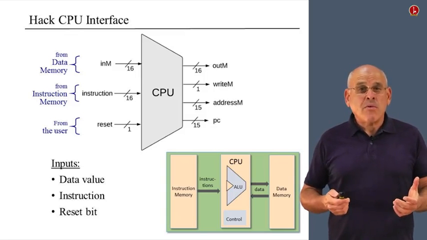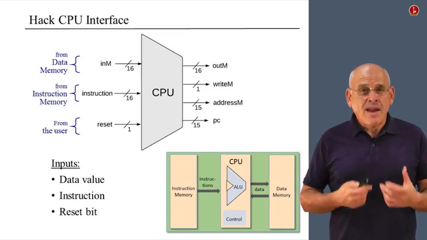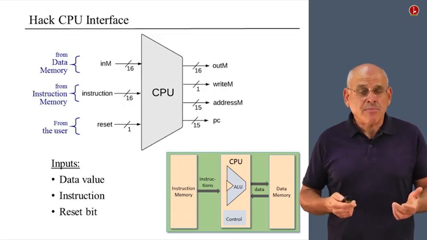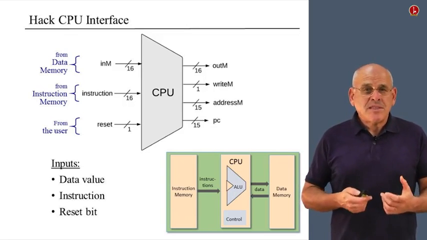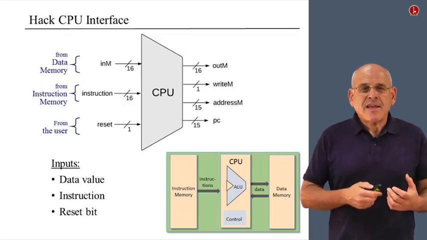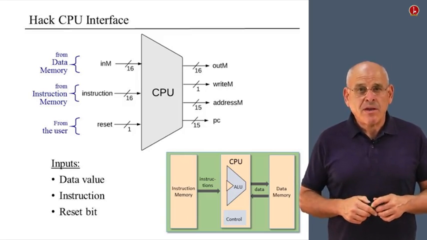Now, what exactly do we want the CPU to do? Well, the next input, which we decided to call instruction, which is a very sensible name, describes a 16-bit input, which is the value of the selected instruction memory register.